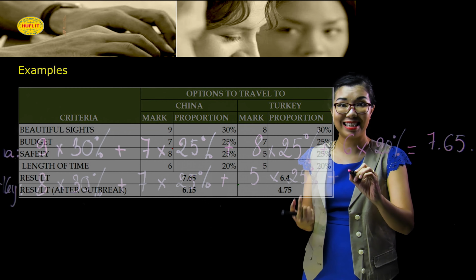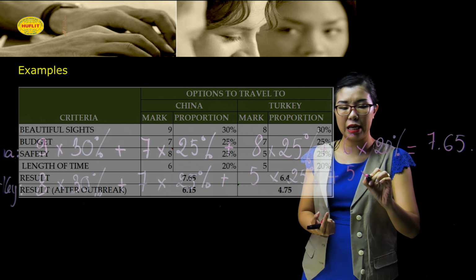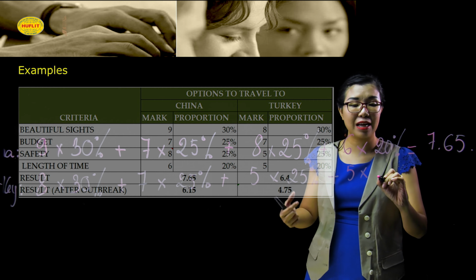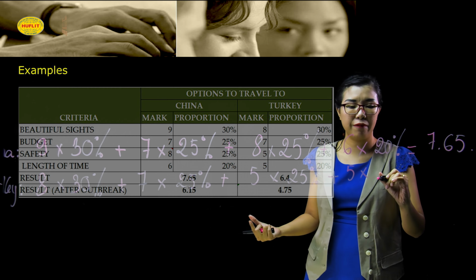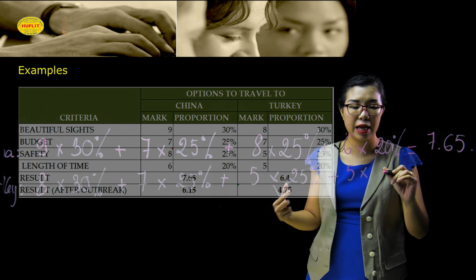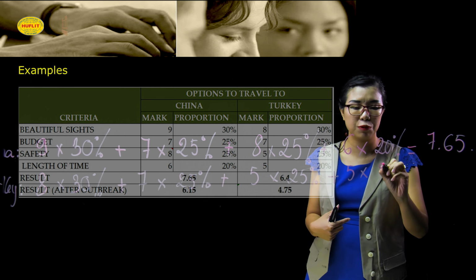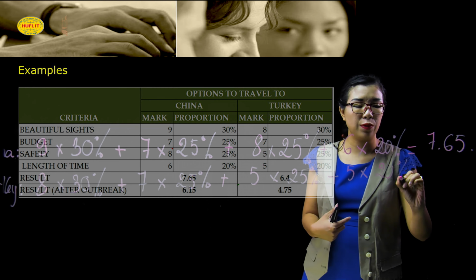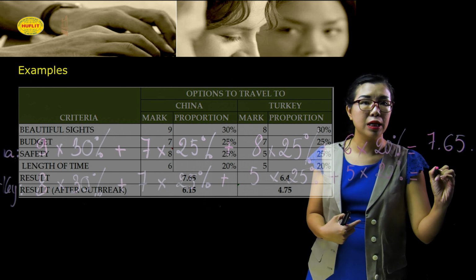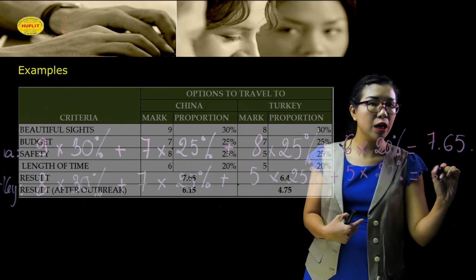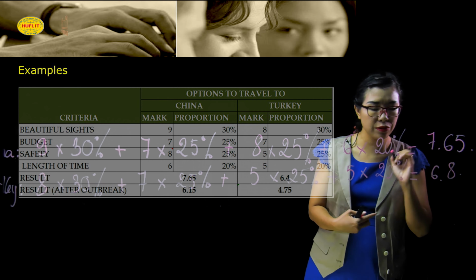So that's why we get 5 for length of time, because we take more time on the flight to Turkey than to China. So we times 20%. So we get this one to be 6.8, I suppose.